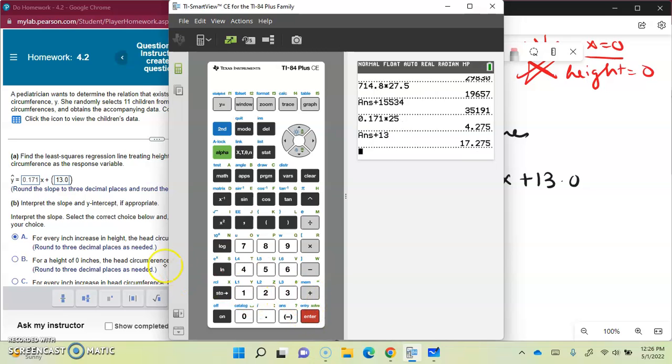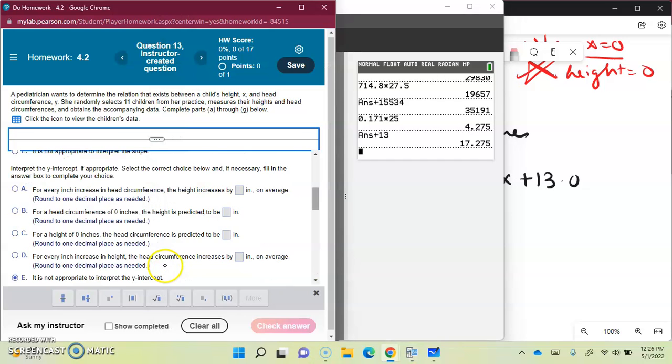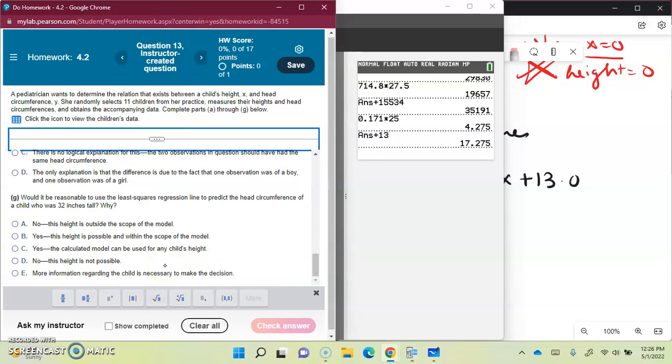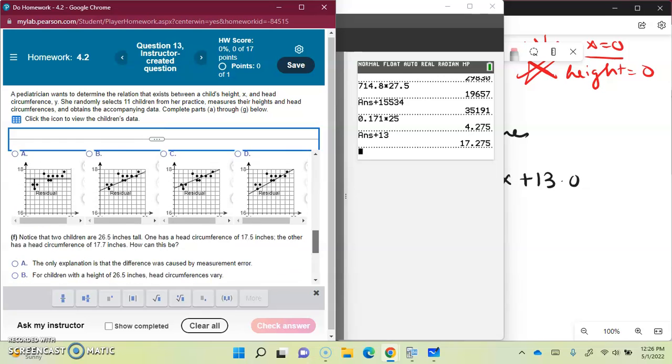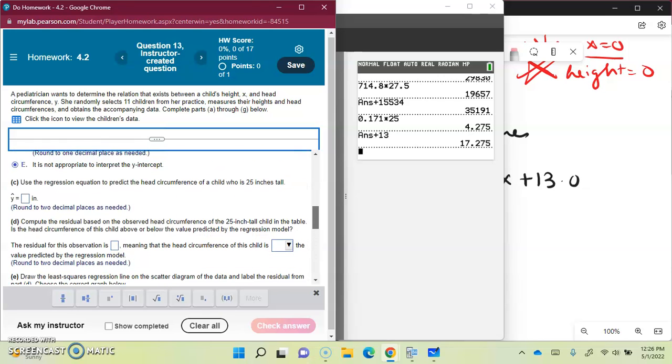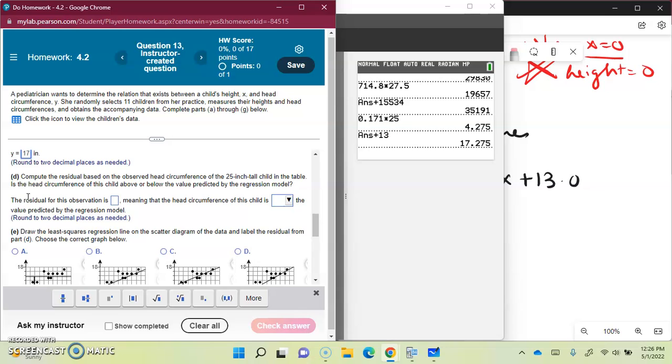That is 17.275. So we can enter that answer here, 2 decimal places, 17.28.